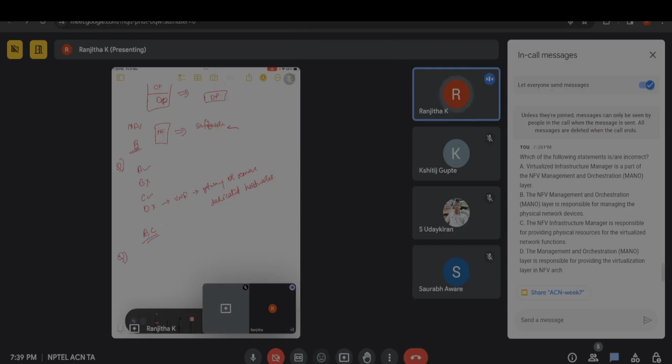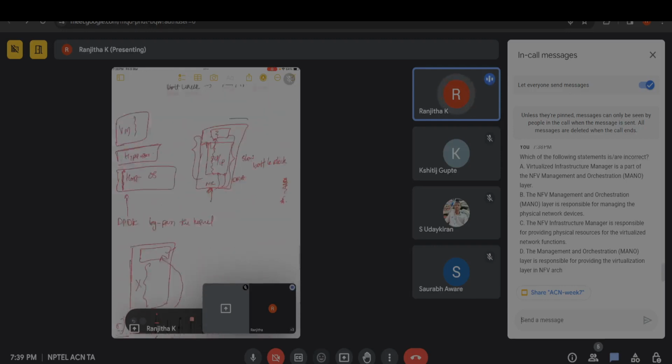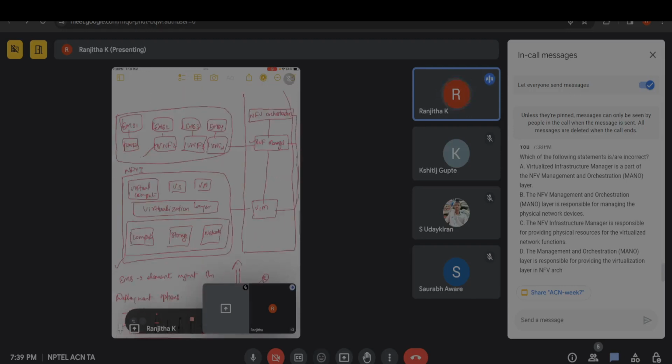The first statement is a virtualized infrastructure manager (VIM) is a part of the NFV management and orchestration layer. So VIM is part of the, where is the, so this is the MANO. This whole box is MANO. So virtualized infrastructure manager, VIM, is part of MANO. So option A is correct. But what they are asking is which of the options are incorrect.